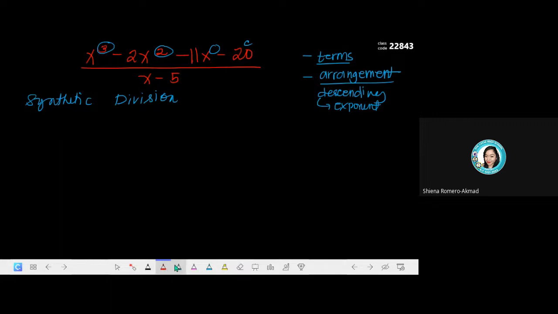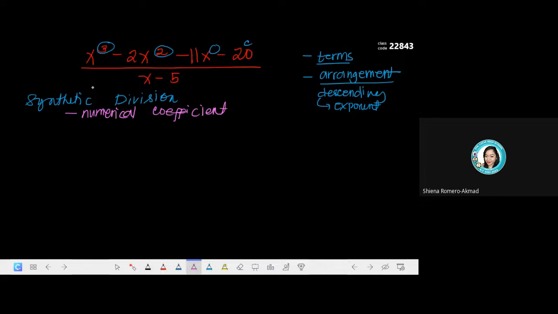Ngayon, ang gagawin na lang natin is to use the synthetic division. Kompleto na kasi siya. Sa synthetic division po, ang kailangan nyo lang is yung numerical coefficients. When I say numerical coefficient, yung number, yung integer with the variable. Okay?